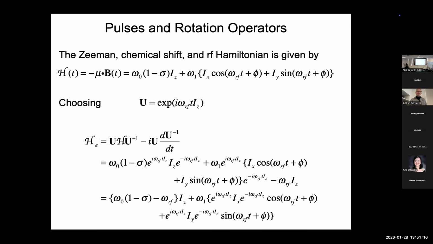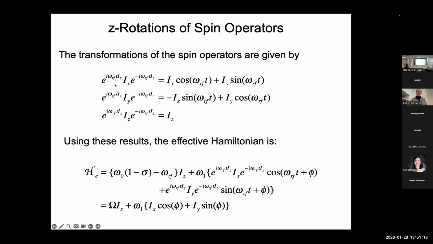So here Ix becomes Ix cosine omega RF t plus Iy sine omega RF t. Iy is Iy cosine omega RF t, and it rotates towards minus Ix. This looks like rotation of a vector.